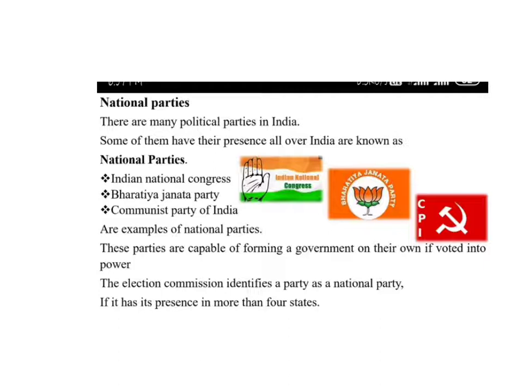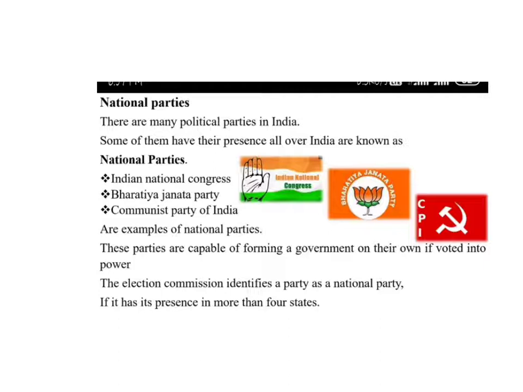Now, these parties are capable of forming a government on their own if voted into power. If these parties contest the election, they are capable of forming the government on their own.